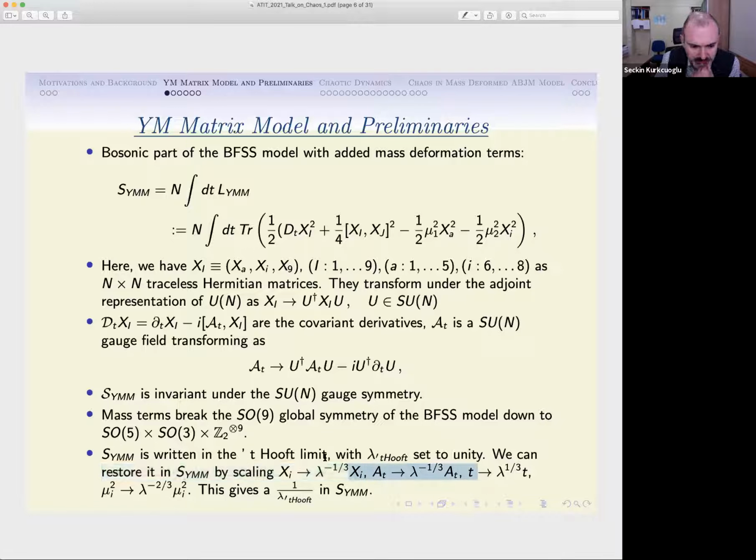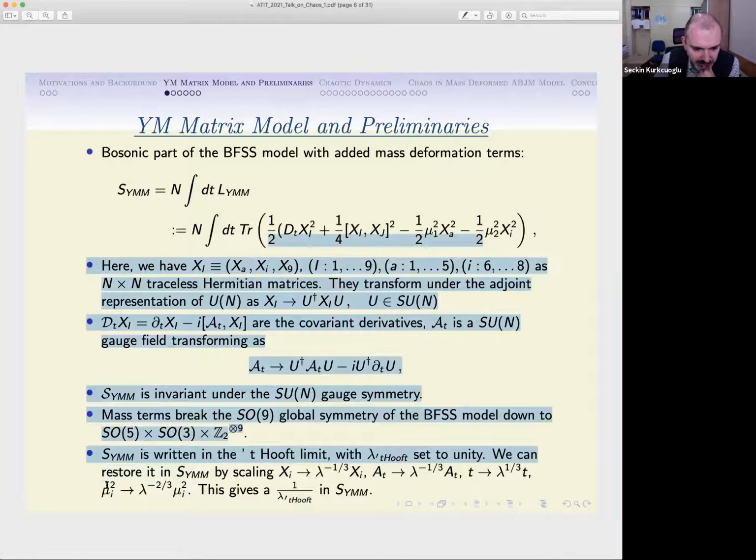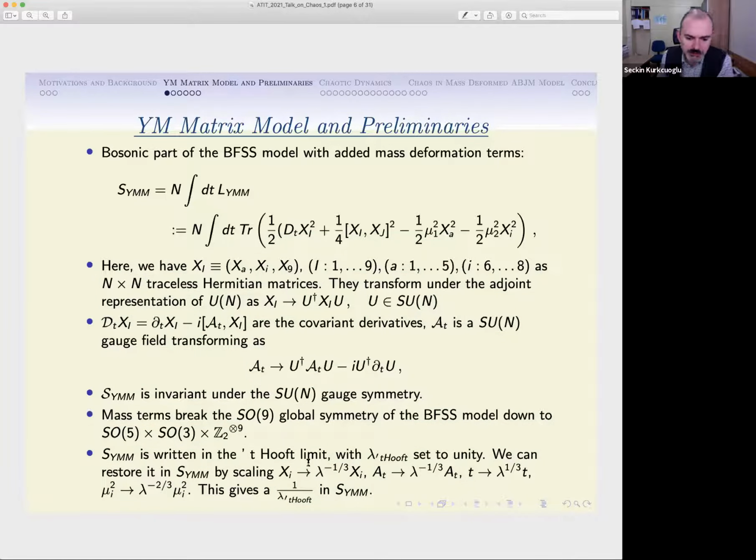If you want to introduce back the 't Hooft coupling, you can perform these scalings of the matrices X^A, the time, and the mass terms in the manner given in the last line, and that will bring the lambda 't Hooft coupling factor as 1 over lambda into the action.